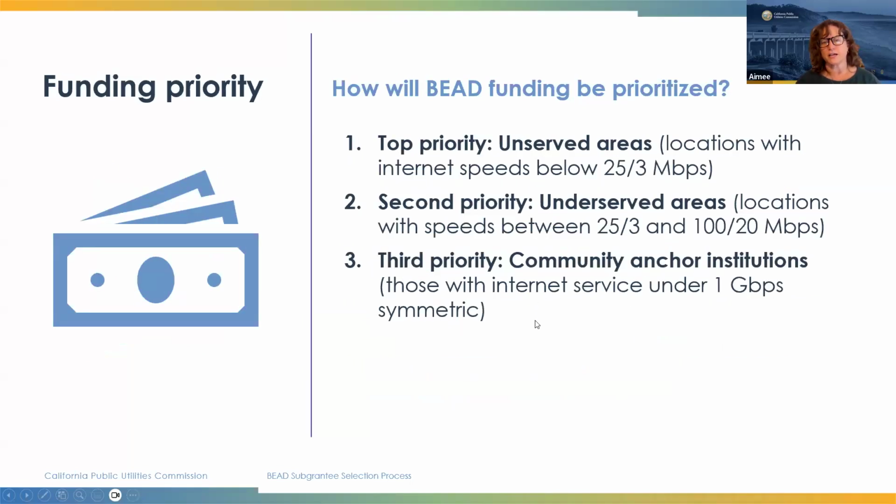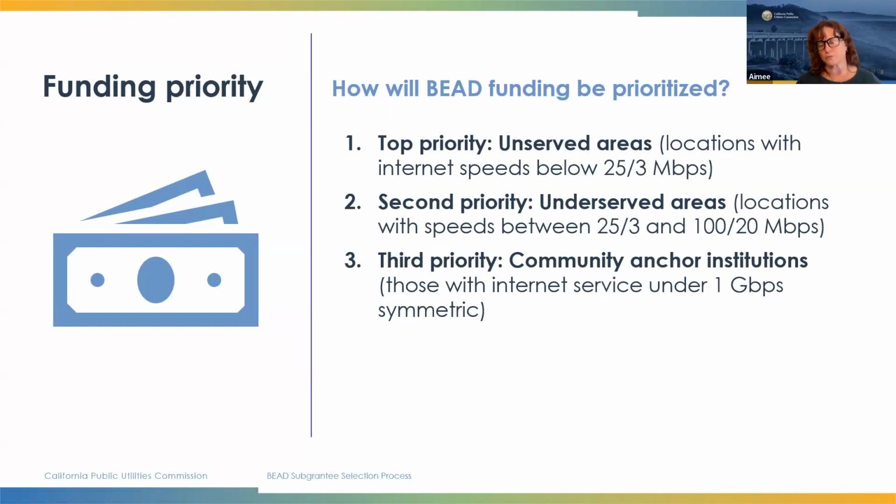So the BEAD program has funding priorities, meaning that the funding reaches unserved and underserved areas, or broadband serviceable locations, which tend to be locations that require mass market broadband service, meaning residential or business locations generally. And those locations need to be under 100 megabits per second download or 20 megabits per second upload in order to be considered unserved or underserved.